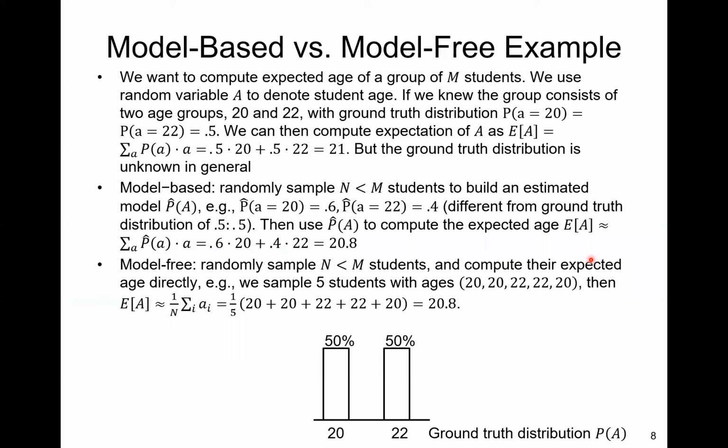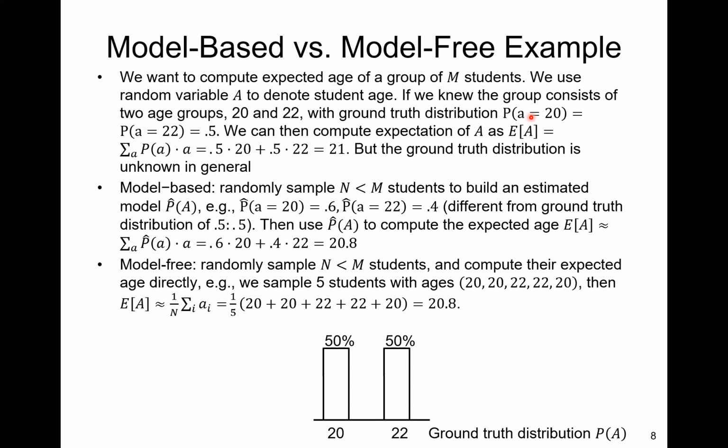So here's an illustration. The random variable capital A denotes a student's age. Suppose the group consists of two age groups, 20 and 22, with ground truth distribution of equal probability of being 20 years old or 22 years old.